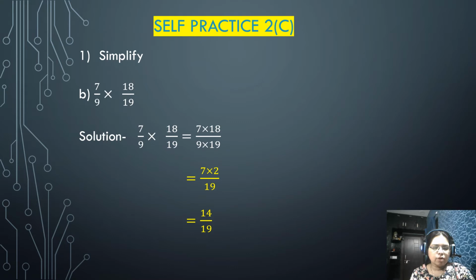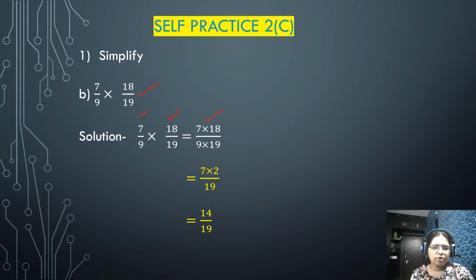Now we'll solve the second part, B: 7 divided by 9 multiplied with 18 divided by 19. Multiplying two fractions, the first fraction 7 divided by 9 with the second fraction 18 divided by 19, equals multiplying the numerators divided by multiplying the denominators. Here the numerator of the first fraction is 7 and of the second fraction is 18, so 7 multiplied with 18.